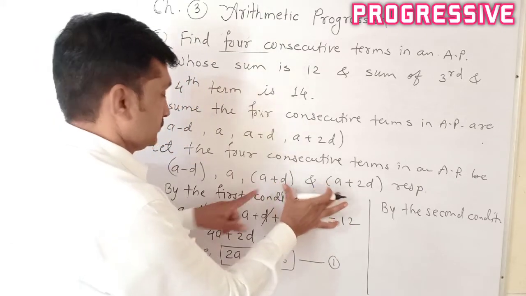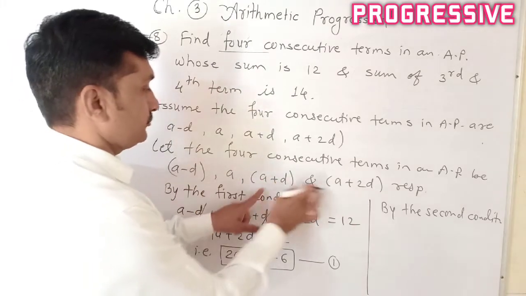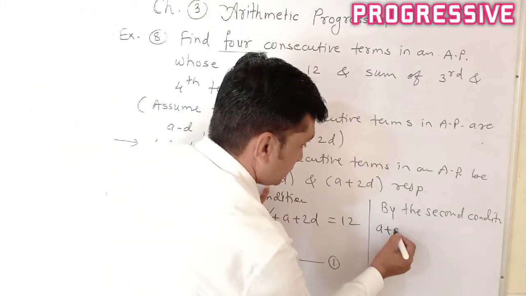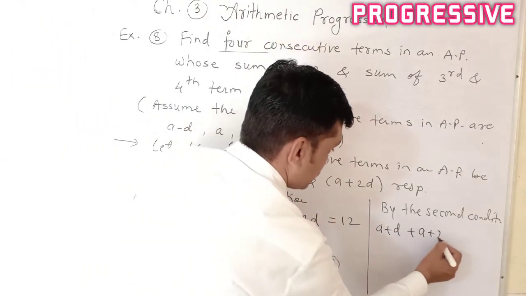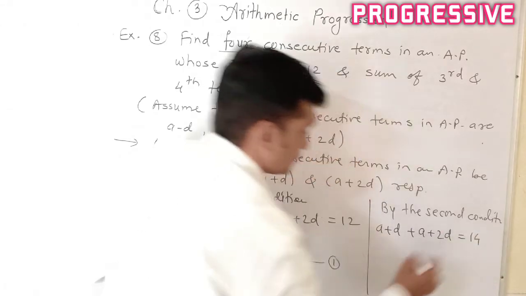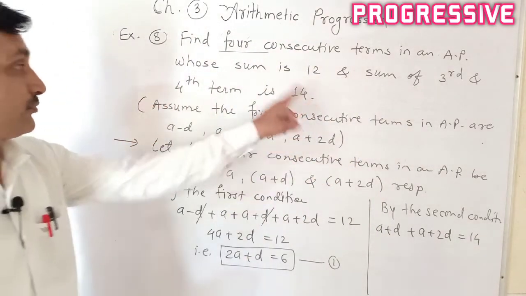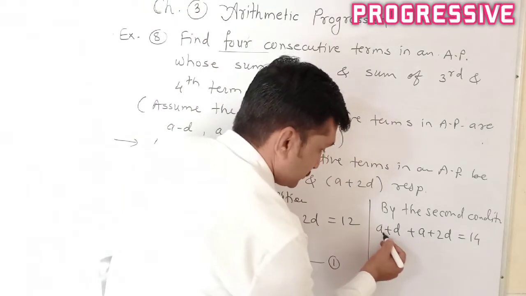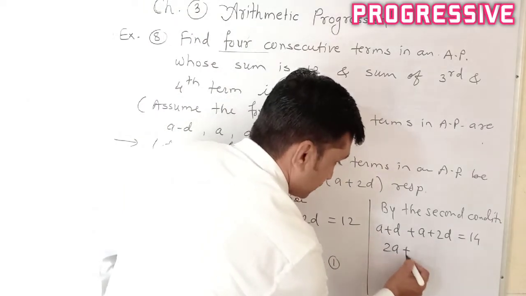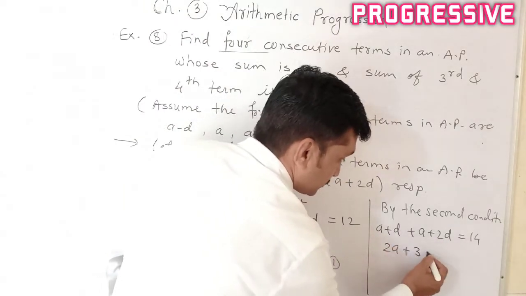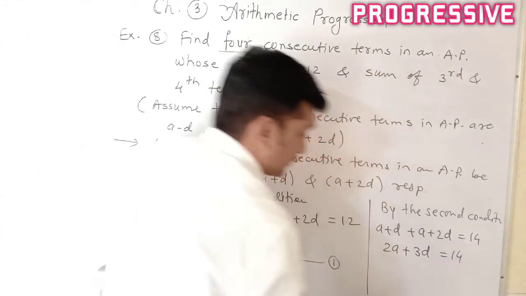A plus d plus a plus 2d is equal to 14. Let's solve this also. A plus a, 2a, plus d plus 2d, 3d is equal to 14.